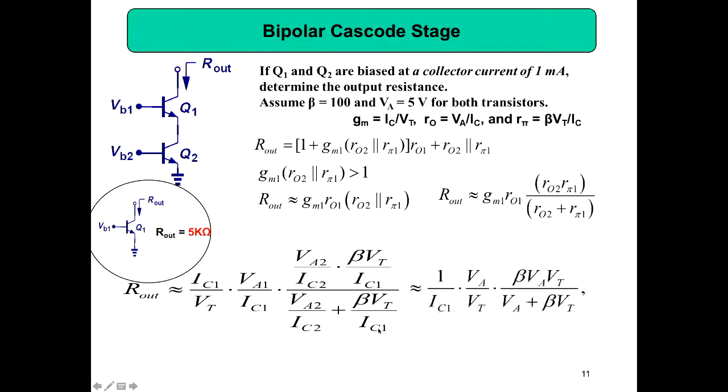When you substitute, you can cancel some terms because you assume your transistors are identical. Then you get Rout equal to 328.9 kilo ohm.